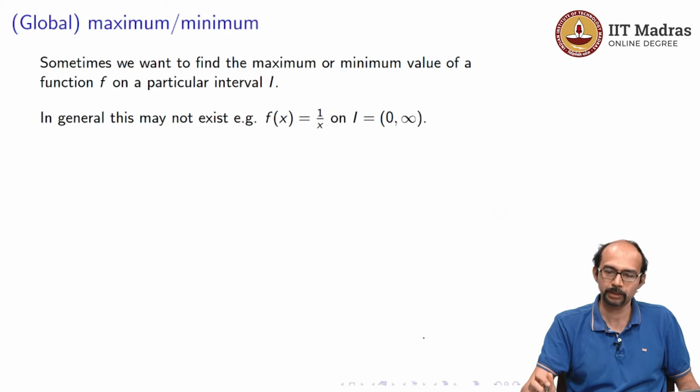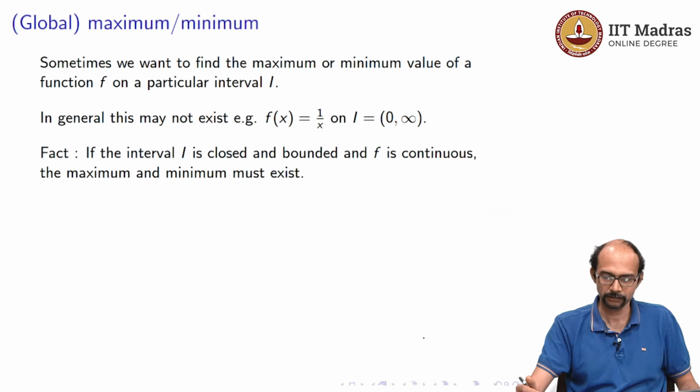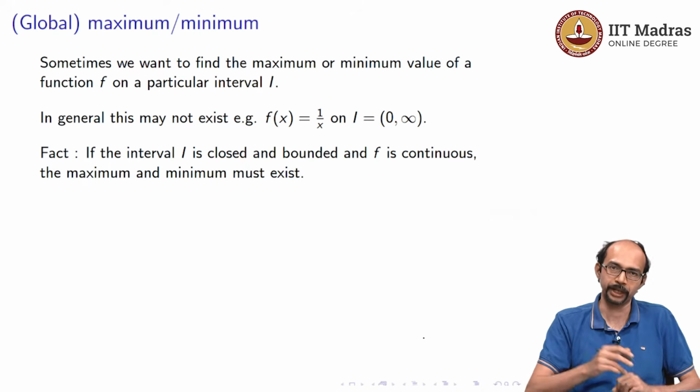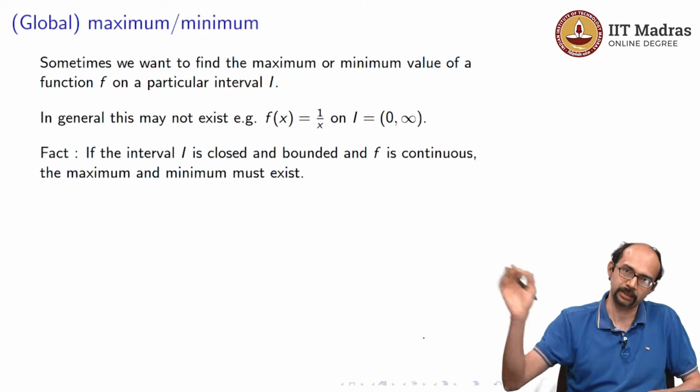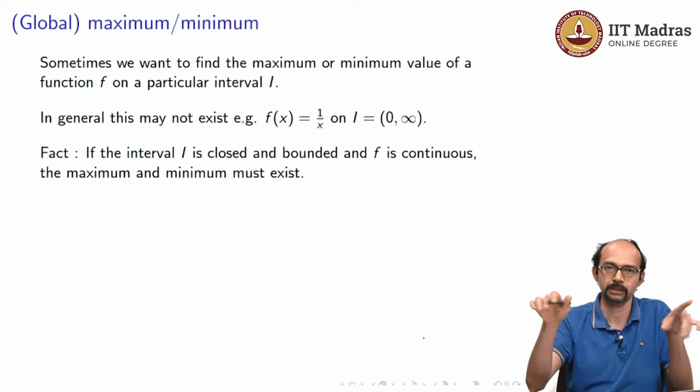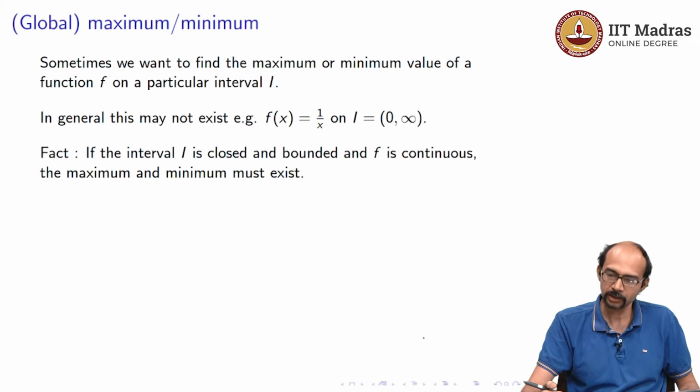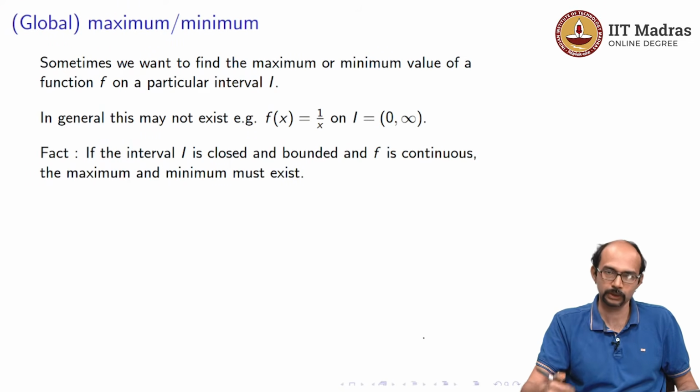So, in general, global maxima or global minima may not exist. In this case actually there is no local maximum or local minimum either, but here is a fact: if the interval I is closed and bounded, so closed means you include the boundary points, and bounded means you do not go to infinity, you have to be within some a comma b, and the function f is continuous, this is important, then the maximum and minimum must exist.